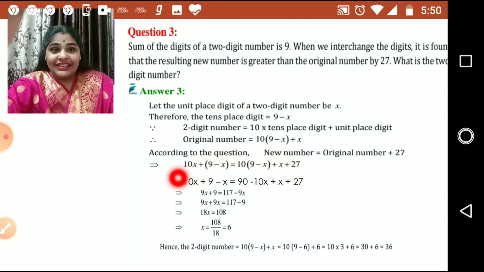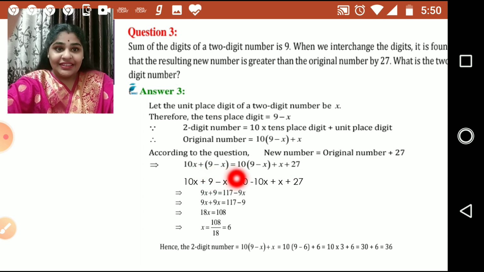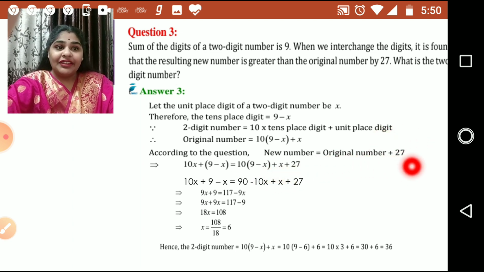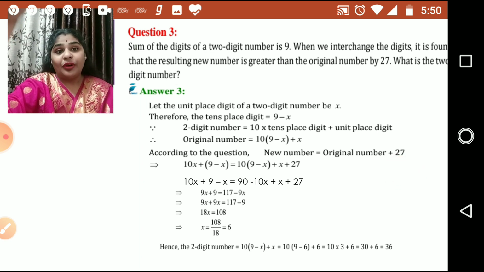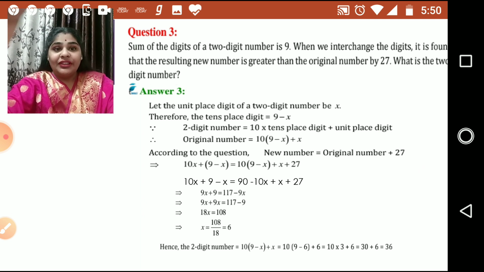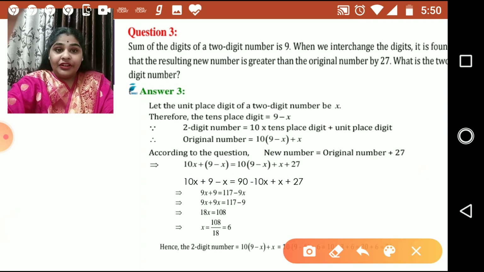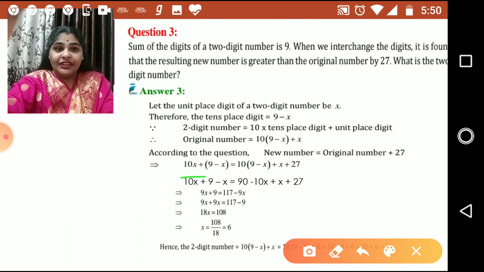That is 10 into x plus 9 minus x, equal to the original number, which is 10 into 9 minus x plus x, plus 27, which is given in the question, that it is greater by 27. Now we have formed our equation. Now we have to solve it. So you can see here, first we open the bracket, so it is 10x as it is plus 9 minus x.